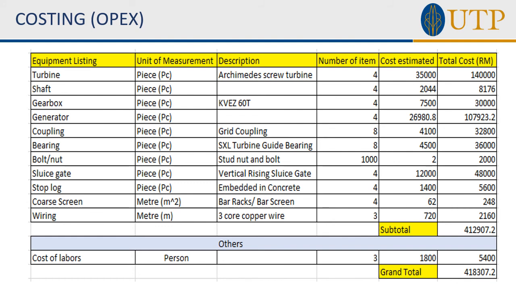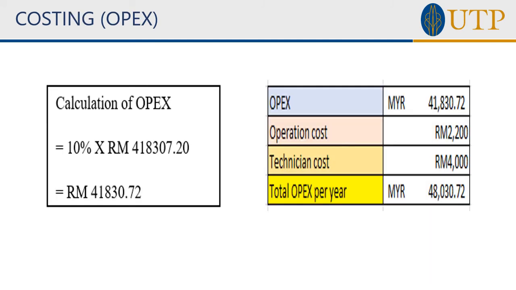The table shows one part of the operational cost, which is 418,307 ringgit. And for this slide, this is the full calculation of the total OPEX per year, which is about 48,030 ringgit.